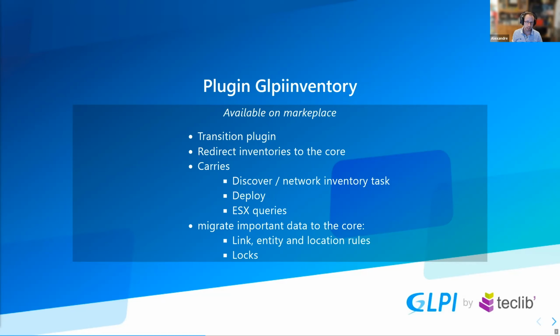Also, the plugin migrates important data to the core, like the rules, because we removed them from the plugin. It moves also the logs, global logs, and asset logs, to the core. And we have a lot of migration in the background, but I don't remember all of this.